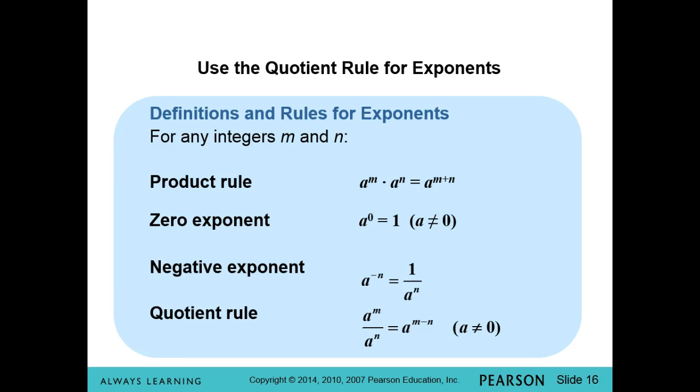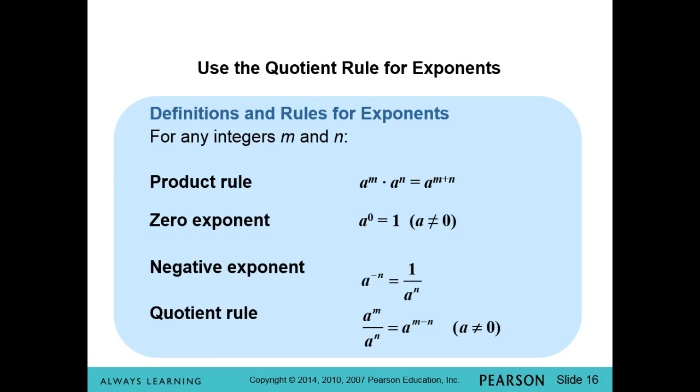If you have the same base dividing with different exponents, then a to the m divided by a to the n is a to the m minus n. As long as your a is not 0. It can't be 0 because you couldn't divide by it in the first place. Now, a little bit of a timeout here. What if m and n were the same? What would you have? A to the m divided by a to the m.